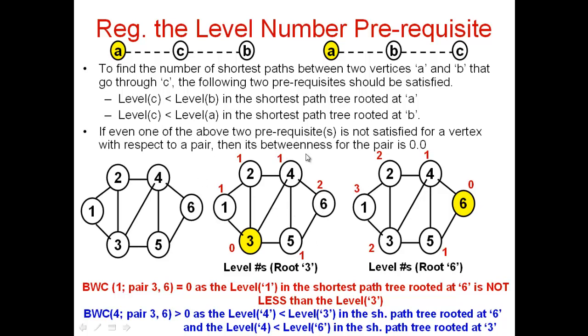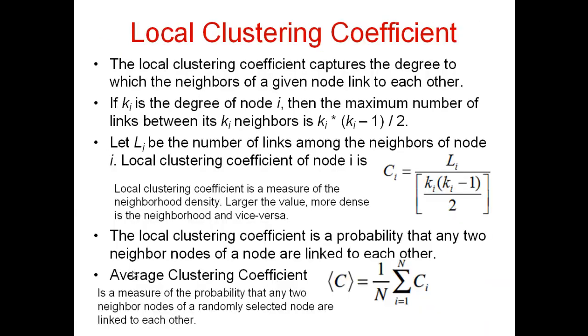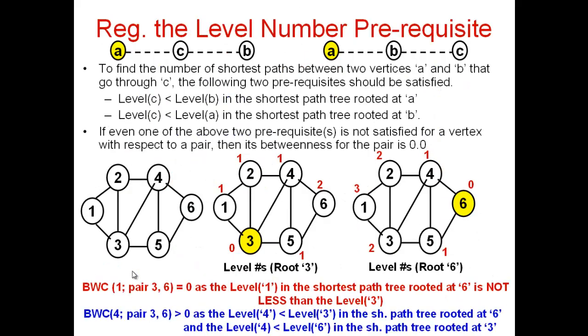So 1 is less than 2 on this breadth first search tree. So since this condition is satisfied for both the breadth first search trees, we can confidently say the betweenness fraction for node 4 with respect to the pair 3, 6 is greater than 0. Okay, so that we can stop.